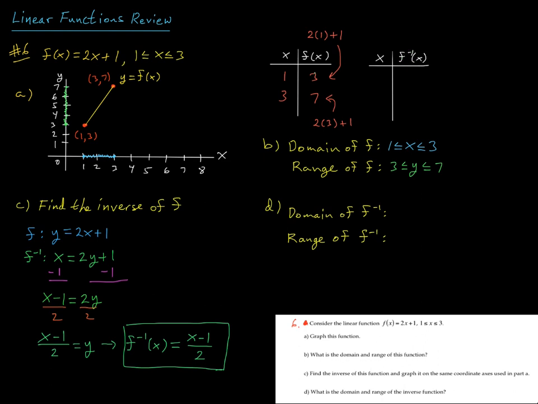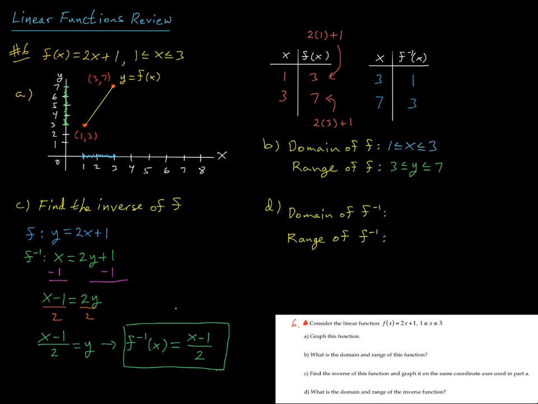And for the inverse function, the outputs for f become the inputs for the inverse. So in other words, I'm going to have the inputs now of 3 and 7, and then the corresponding outputs for the inverse are the inputs for the original function, so 1 and 3.